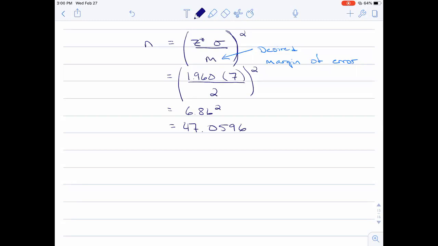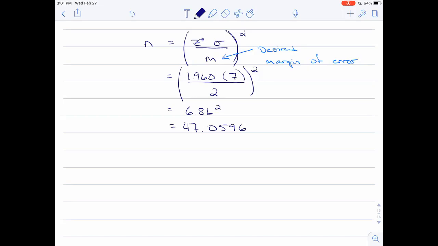Impossible. But the other thing is that if we only did 47, our margin of error, just because of how the N behaves in our equation, remember N is in the denominator, so we have to increase. Because of how the N works, with 47, our margin of error would be slightly bigger than 2.